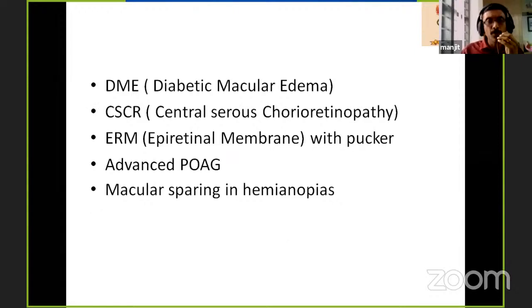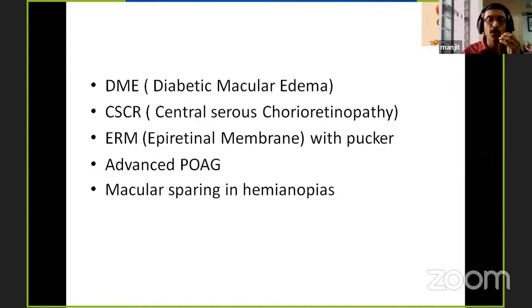It is also useful in other conditions like diabetic macular edema, CSR, as I earlier mentioned, and ERM with pucker, where we can decide on surgery. A patient may have 6/6 vision, but documented metamorphopsia may be an indication for ERM peeling. And in advanced POAG, where the vision loss has encroached on central fixation, you may see changes in the Amsler grid.